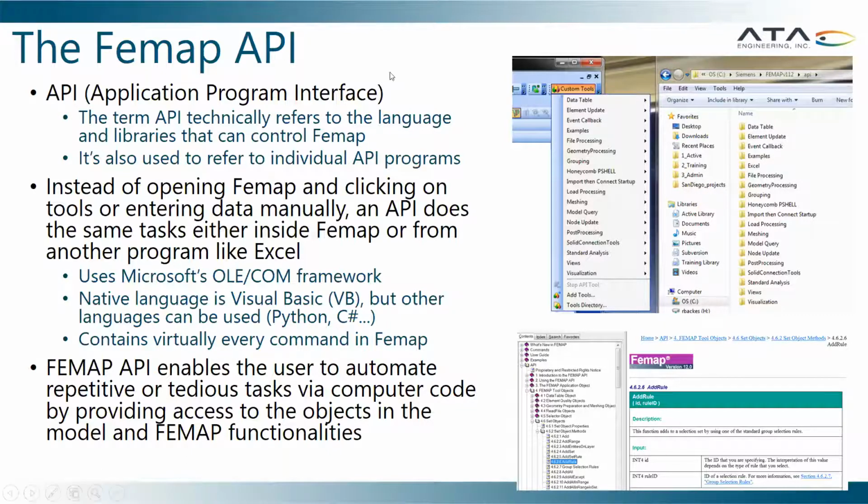So I've got a few pictures on the right-hand side of the screen here. If you've ever used the custom tools menu in Femap, you've got all of these folders of different programs in here. All of the programs within these folders are APIs. And you can also access them by going to your Femap installation and clicking on the API folder.